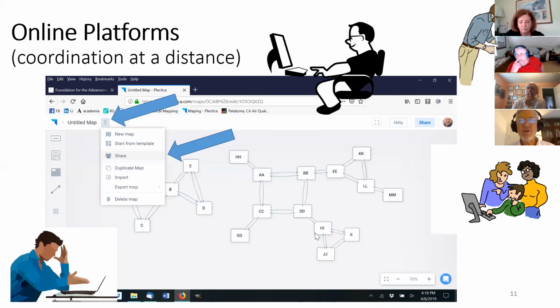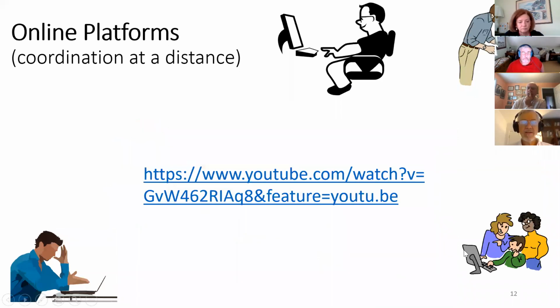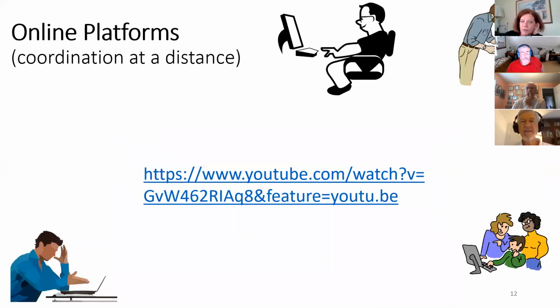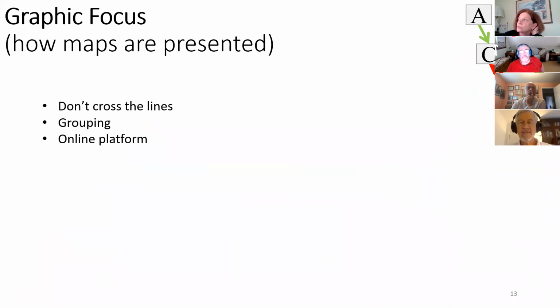Okay, onward to the online platforms. So there's some online platforms. That was pretty messy. Steve, I was going to ask you how you determine which online platform you use, because I know there's several, and I'm sure you've probably tested all of them.